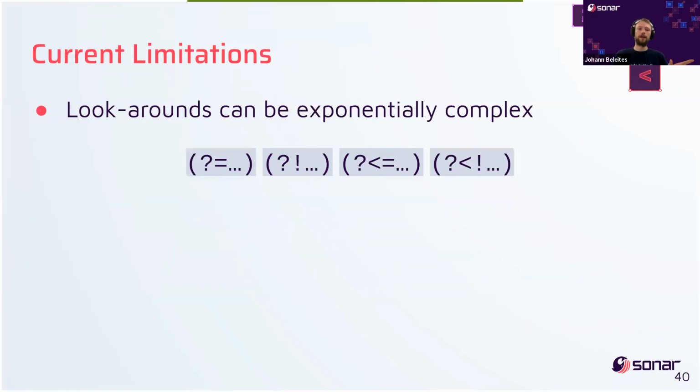So there are some limitations to this approach. They don't lend themselves well to some of the more advanced regex features, such as lookarounds. They can be exponentially complex to analyze with this approach. However, and we have an intern who's currently doing some research in this, simple cases are probably supportable. They're not yet, but they might come in the future.